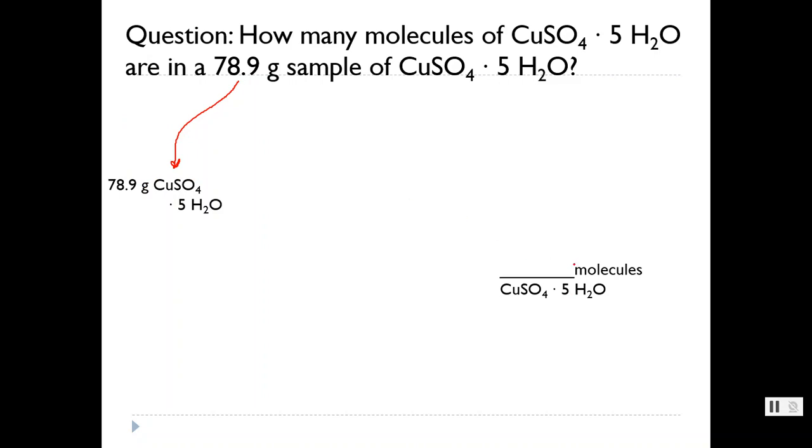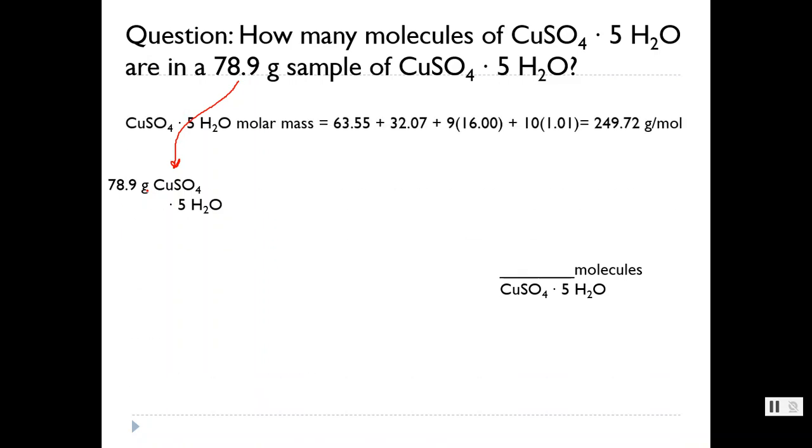You have to go through moles. So we need to go from grams of copper(II) sulfate pentahydrate to moles. And the way that we do that is through molar mass. So we need to calculate the molar mass of copper(II) sulfate pentahydrate, which I've done here.